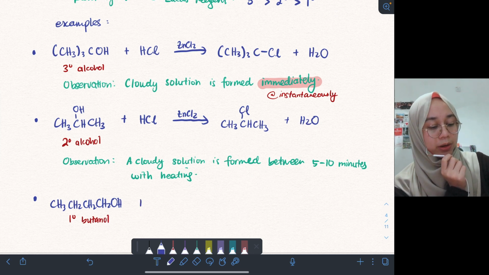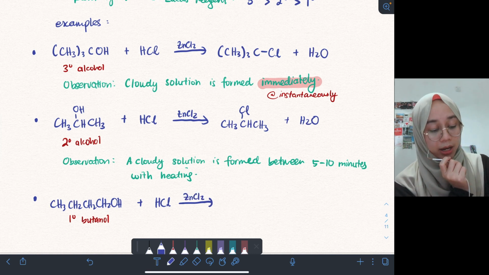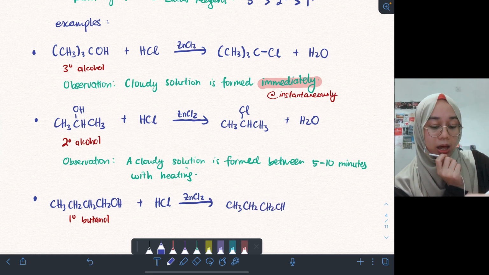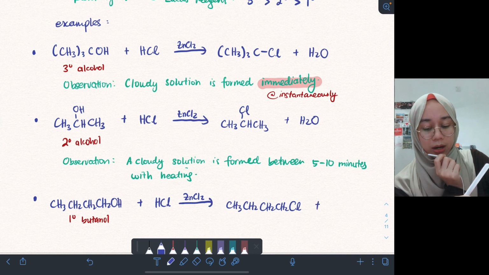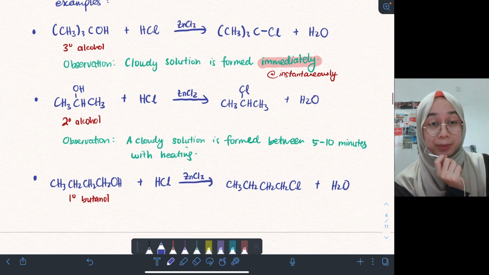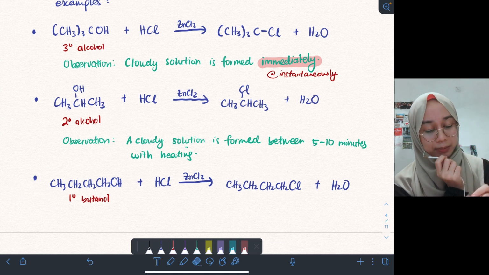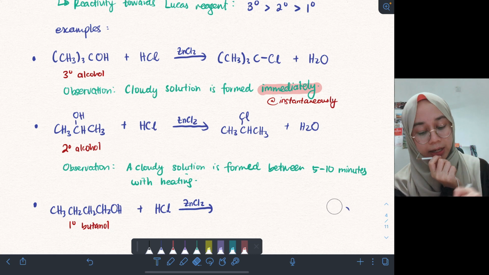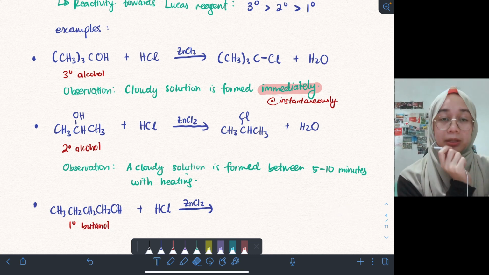So you will react it with the Lucas reagent, which is HCl in the presence of zinc chloride, and then you just need to substitute the OH with Cl, and then you also get water. Okay, ini apa yang sepatutnya lah. Tapi Miss padam balik. Jadi kenapa Miss padam balik yang tu?